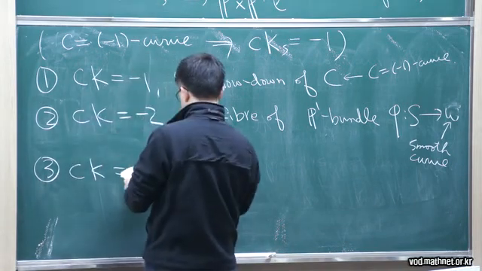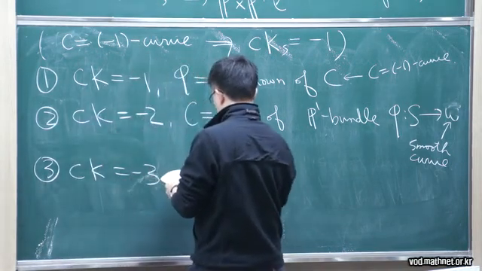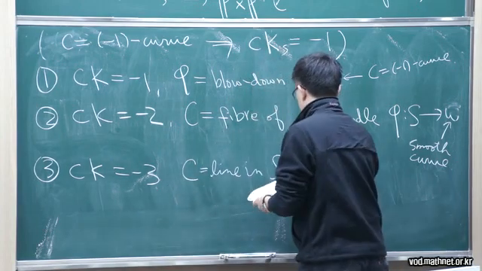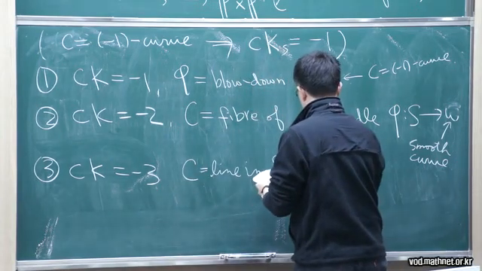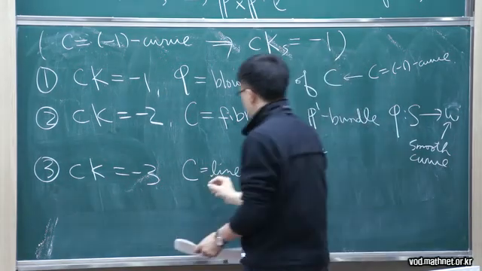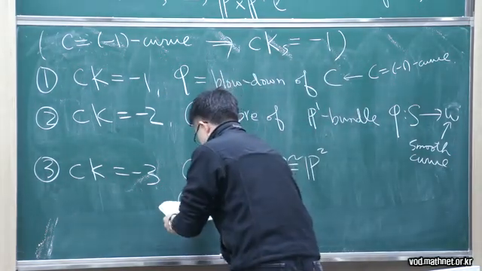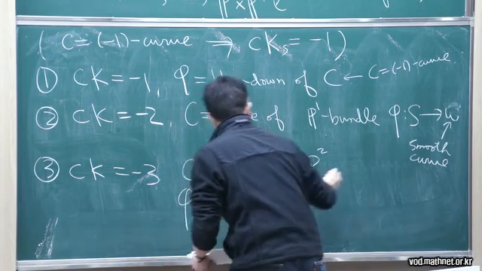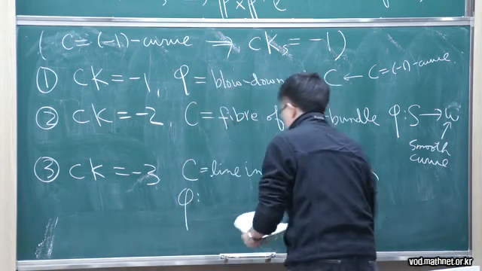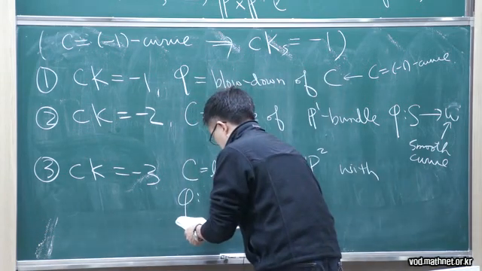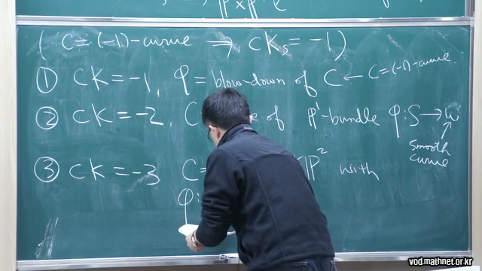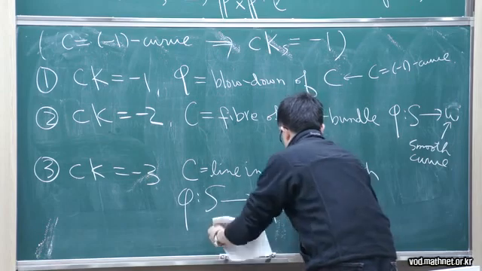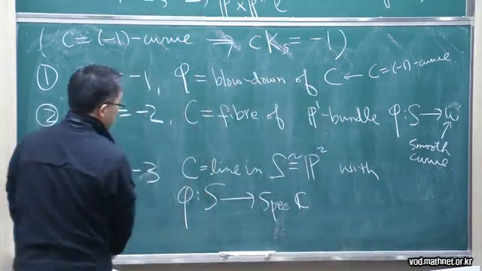And in the last case, C is just a line in S, and S will be isomorphic to P2. And in this case, pi will be just the structure morphism, S to spec C.